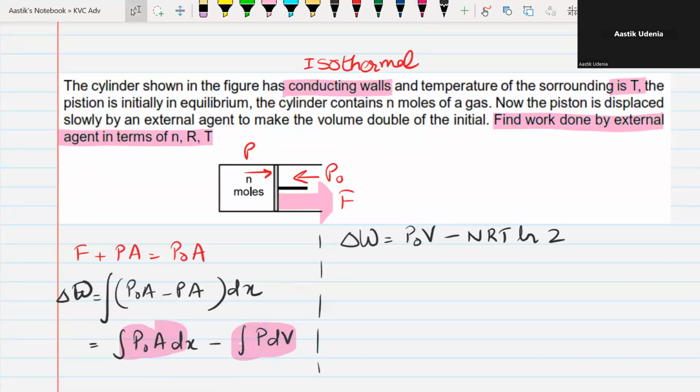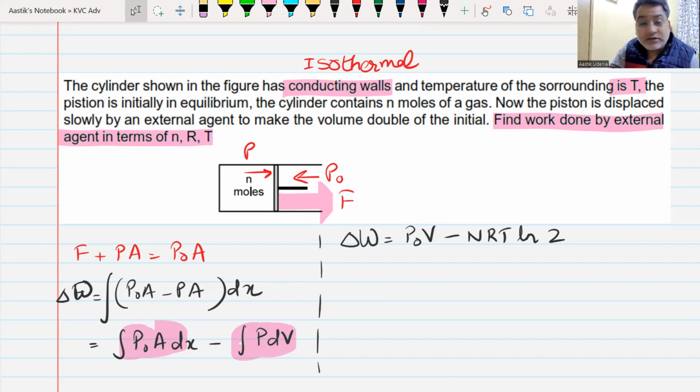See, sir, there was this question that we did. It was not mentioned whether the process is isothermal, but only a small hint was given: conducting walls. And we had to understand that conducting wall means that the process is going to be isothermal.